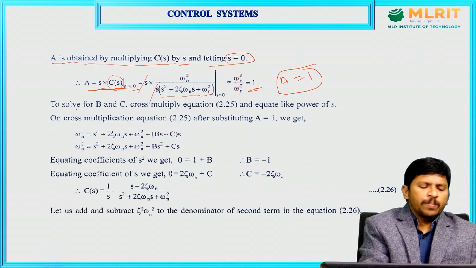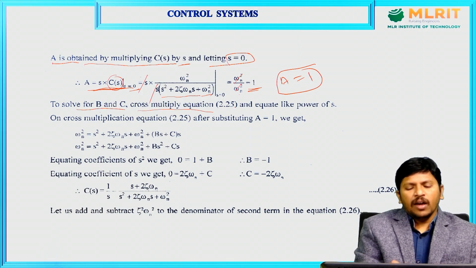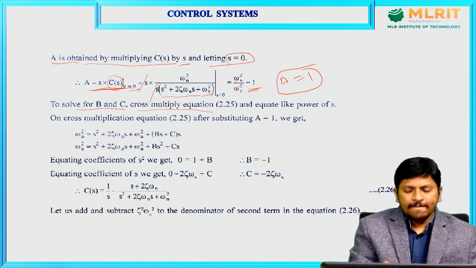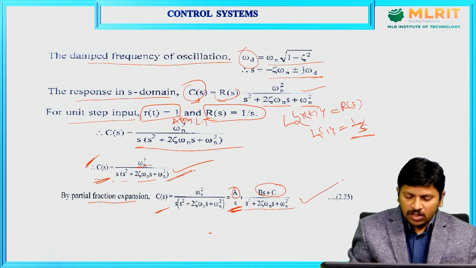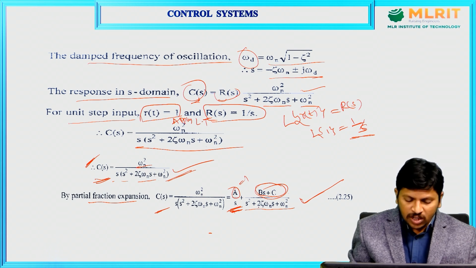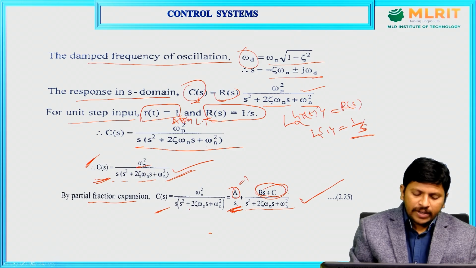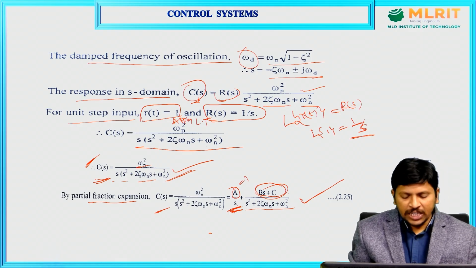To solve for b and c, just cross multiply the equation, with A equal to 1, and also equate the like powers: the s² term with s², the s term with s, and the constant with the constant.